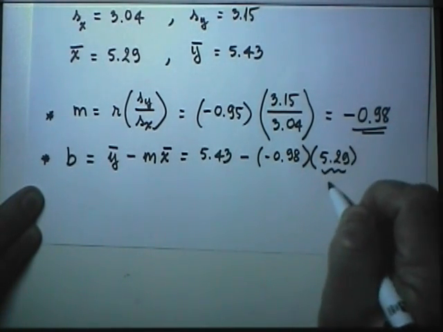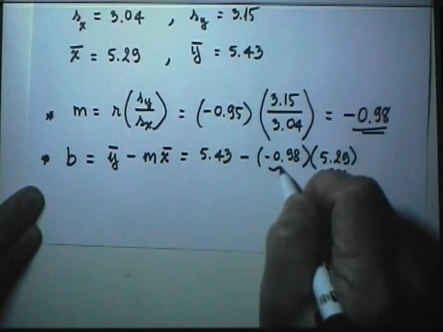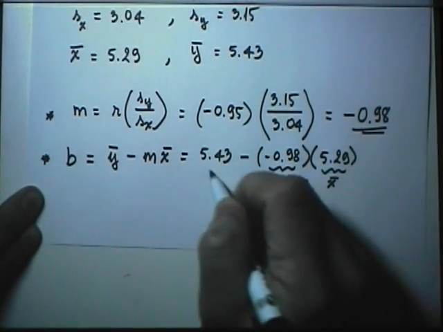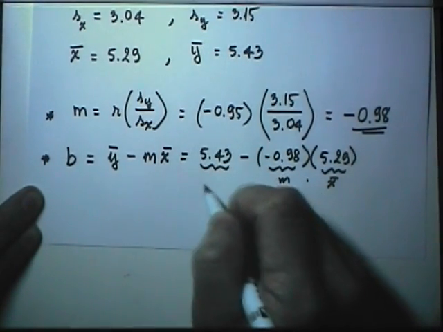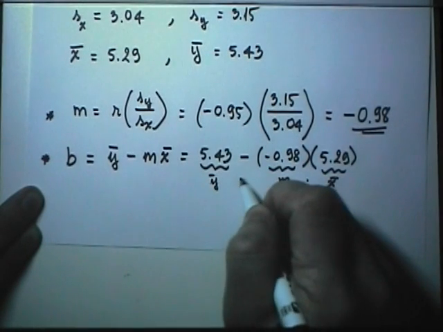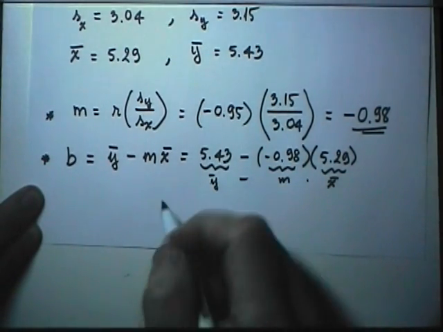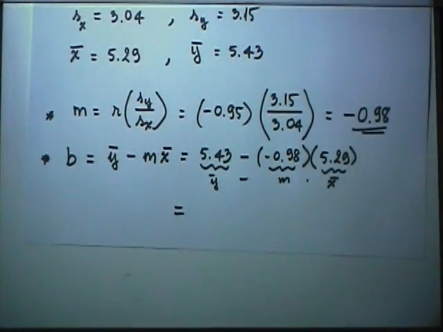This is my x bar right there, this is my m that I have just found, and this is my y bar. That's my minus sign.